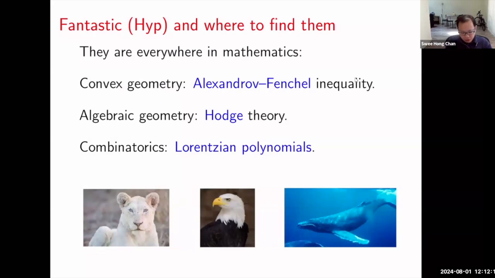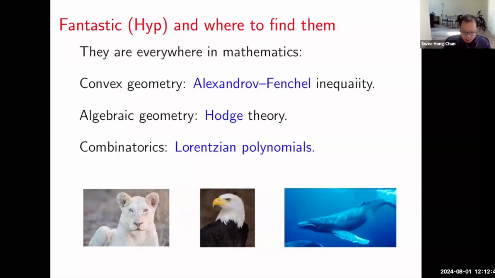For example, in convex geometry, it was used by Alexandrov to prove the Alexandrov-Fenchel inequality, which is an inequality about mixed volumes. In algebraic geometry, it is hidden, or maybe not so hidden, in the Hard Lefschetz property and the Hodge-Riemann relations in Hodge theory. And very recently in combinatorics, it was used by Petter Brändén and June Huh as a basis for Lorentzian polynomials.